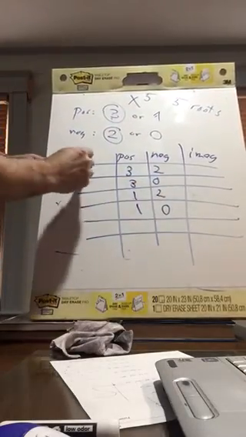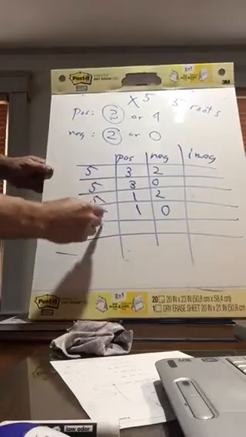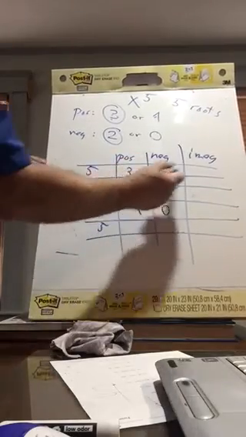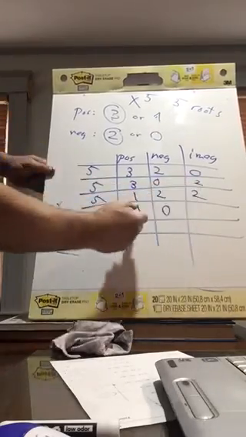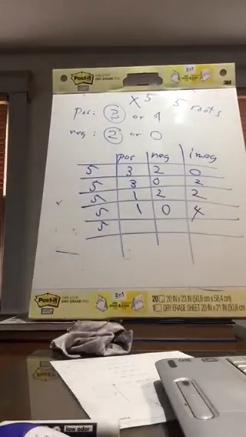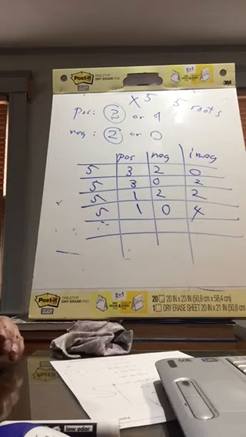And then since you need 5 total each time, fill in how many imaginary? Well, none. I need 2 there. There's 3, so I need 2 more there. I would need 4 there. Okay? That's it. All right, so I think that should help.